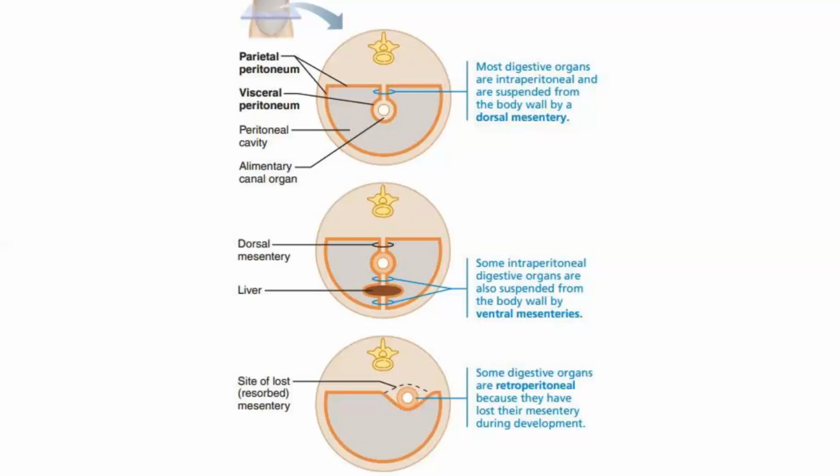Retro means posterior, so posterior to the peritoneum. For example, our kidneys on right and left, the ascending colon and descending colon. During the rotation of the gut, these structures go and stack to the posterior abdominal wall, and they are cemented to it by the peritoneum, and they become retroperitoneal structures.